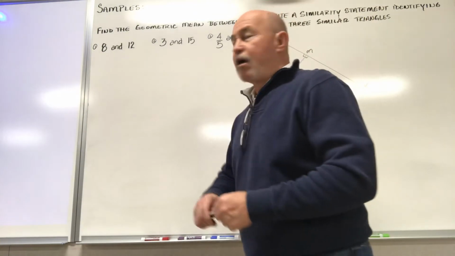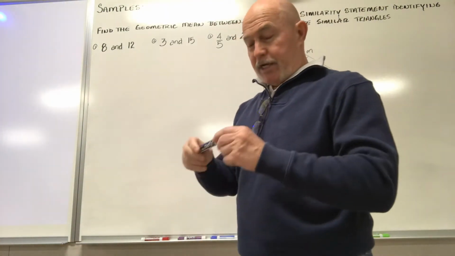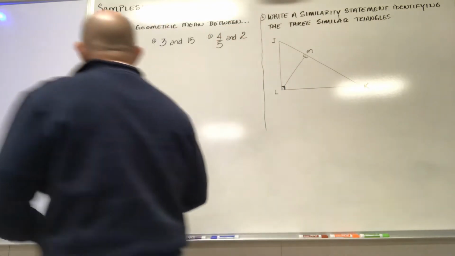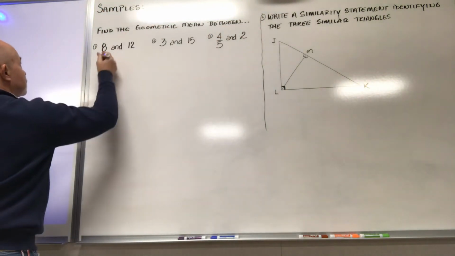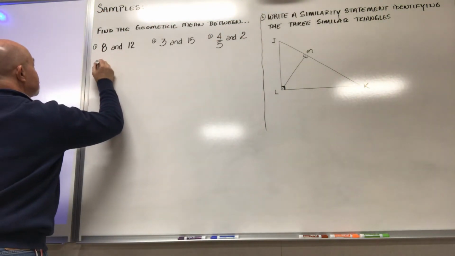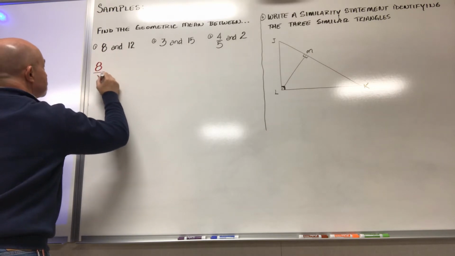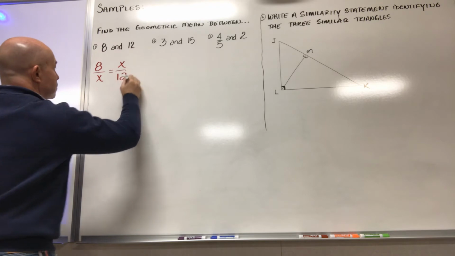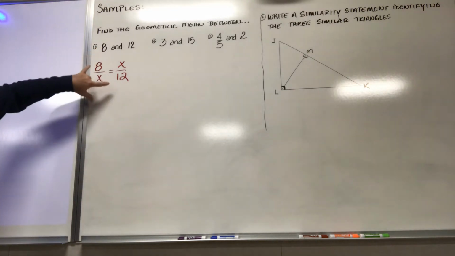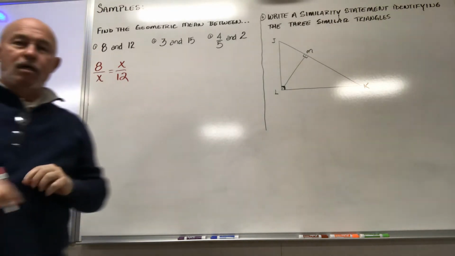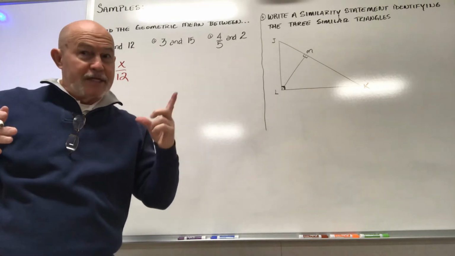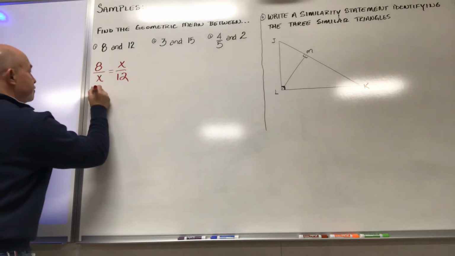Find the geometric mean between 8 and 12. Okay, 8 and 12 are the extremes. The means are what we're looking for.